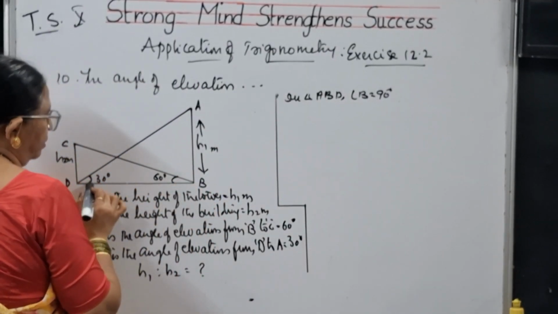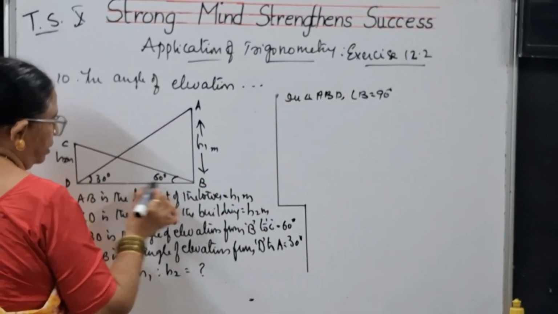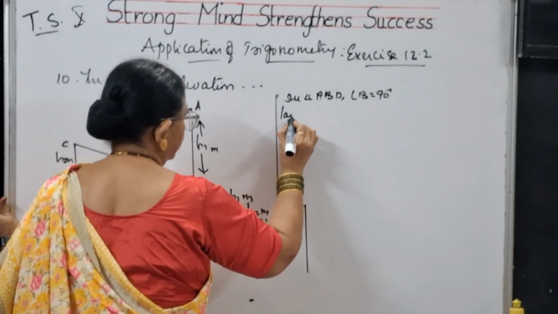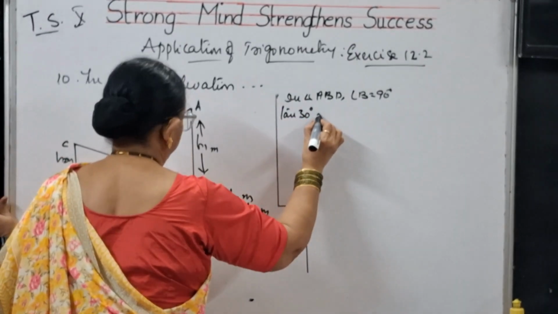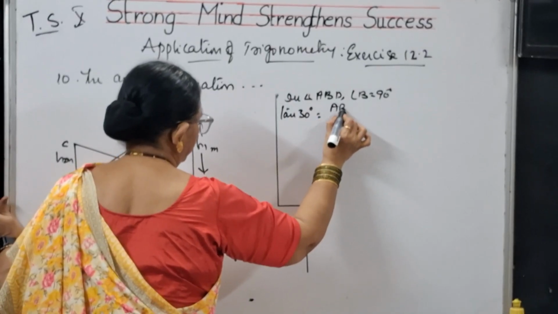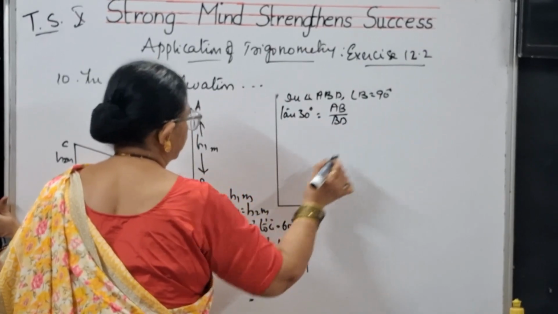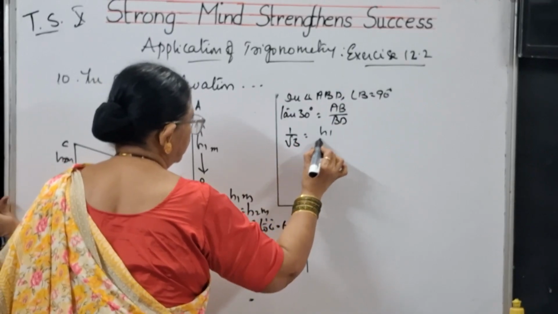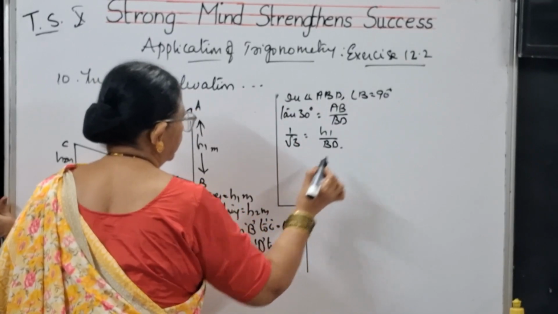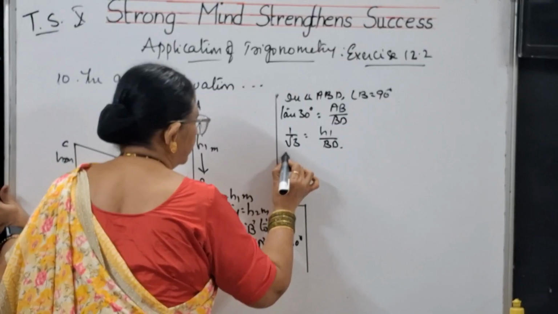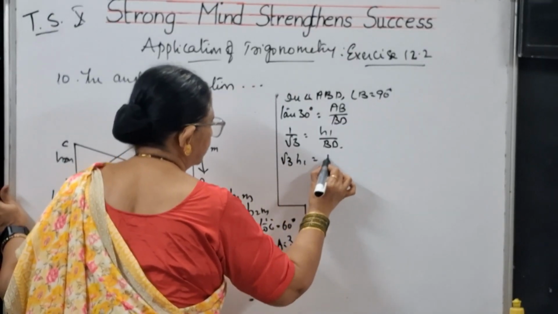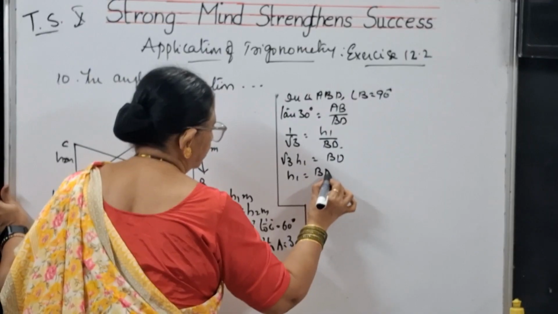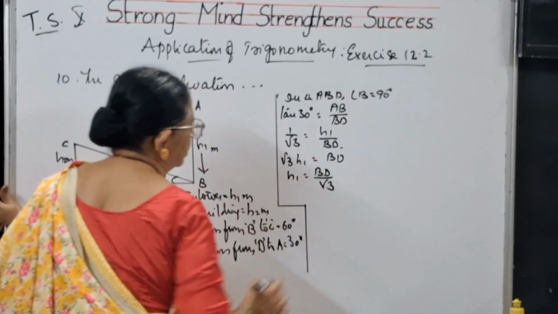So this is the opposite side by adjacent side, that is tan 30 degrees is equal to AB by BD. That means 1 by root 3 is equal to H1 by BD. That means root 3 H1 is BD. So what is H1? BD by root 3 I am getting.